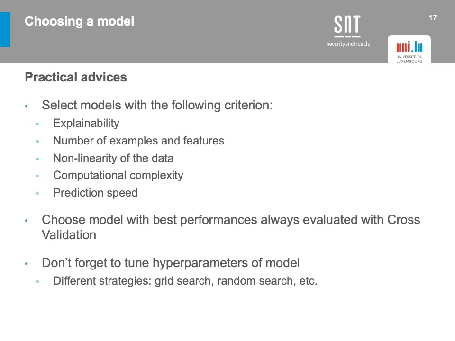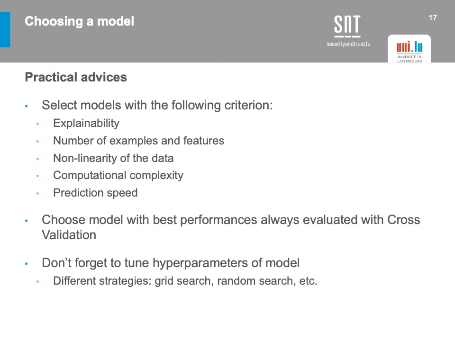Maybe the default hyperparameter will be good for your task, but probably it will not be optimal. So you can really tune your hyperparameters, and for that you use cross-validation, as we will explain in one of the following slides, to tune them.